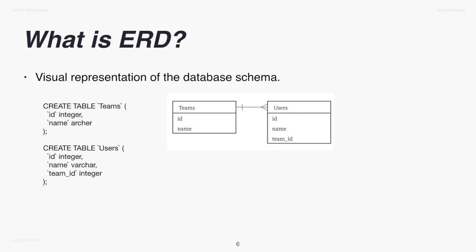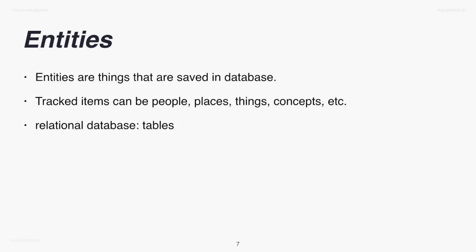So first, ERD stands for entity relationship diagram. Entities are things that you're saving in your database, and your entities will depend on your app and what your app needs. Think of the things that your app needs, which can be people, objects, concepts.